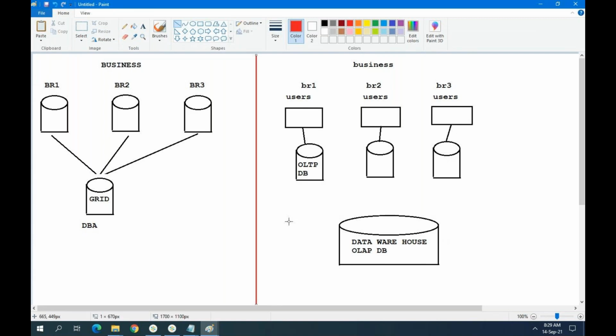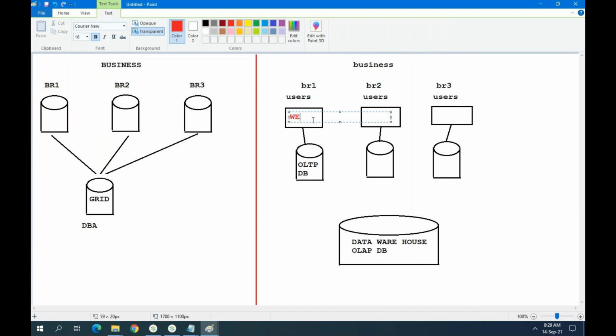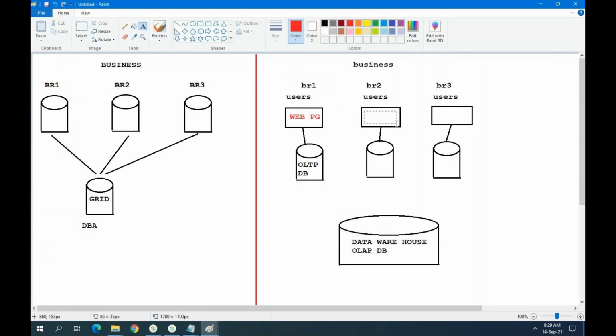These are known as web pages, HTML pages, and these are known as OLTP databases. After each business period, the data is loaded into the data warehouse.